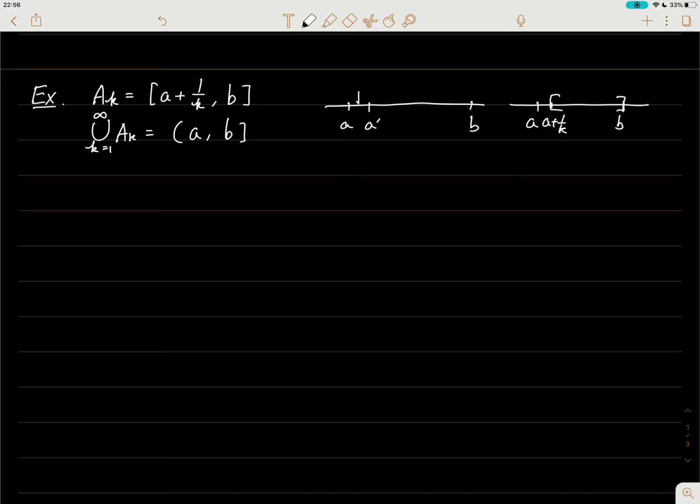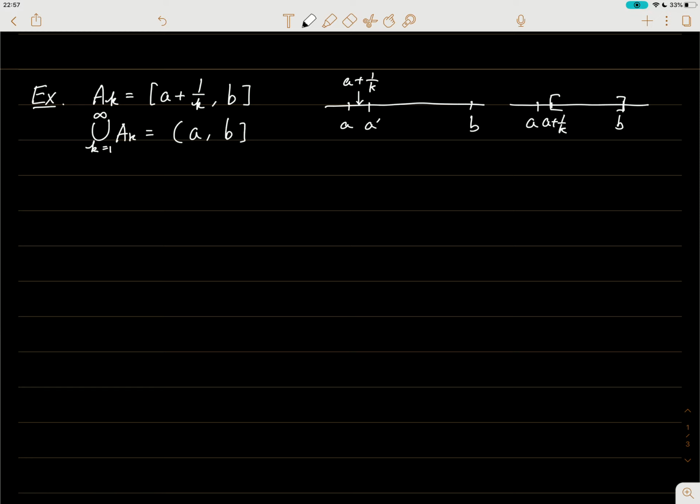That means A prime will be included. So everything that is bigger than A will be included in this union, but A itself is not included. So the union gives you this half open, half closed interval.